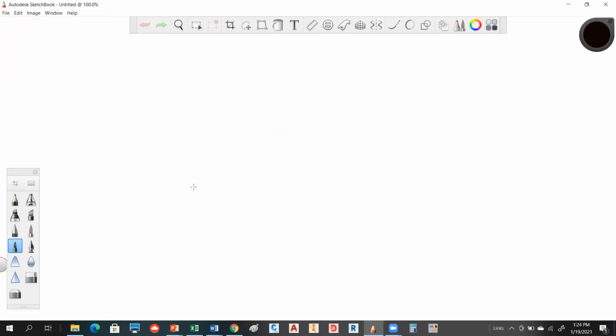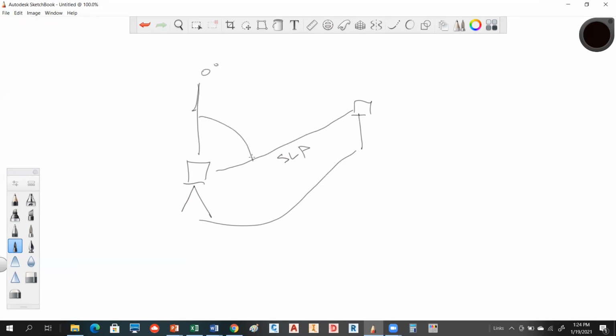So if I have my instrument set up at a point here, and my reflector is sitting up here, if you're measuring this distance, this is your slope. If you have a zenith reading instrument, this is your zenith, this is 0. So what it's doing is measuring this angle. This is your zenith.